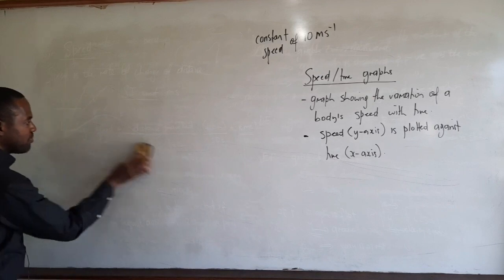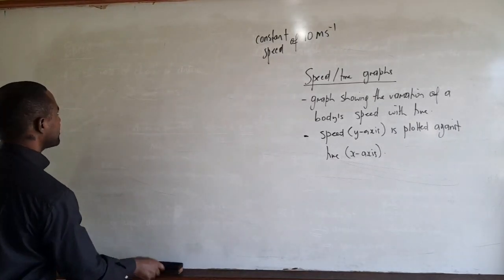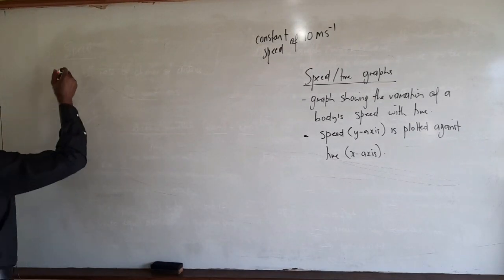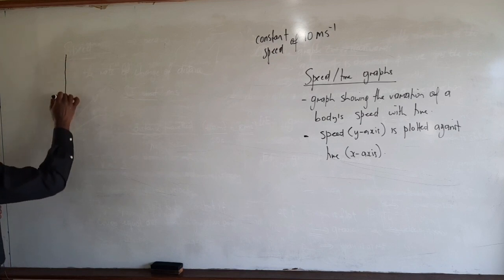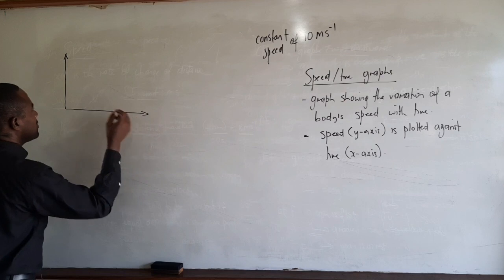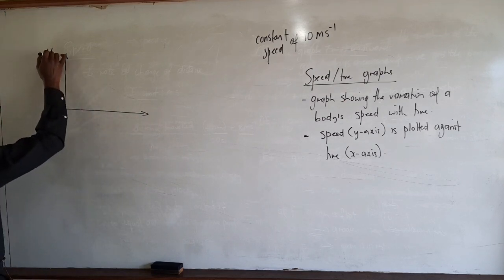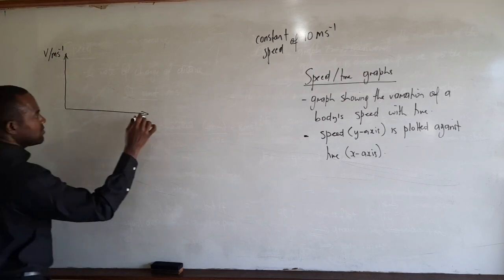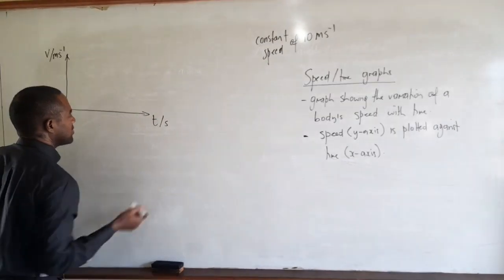So let's look at a simple speed time graph. This is a speed v in meters per second against time in seconds.